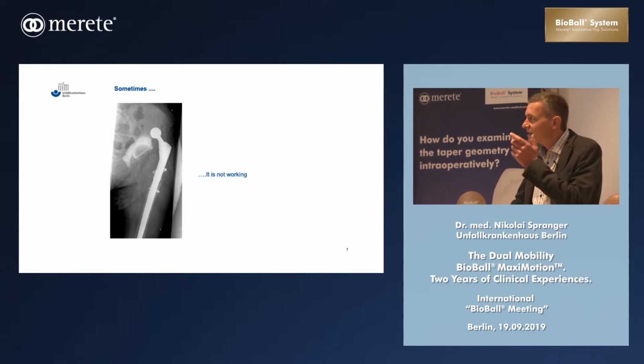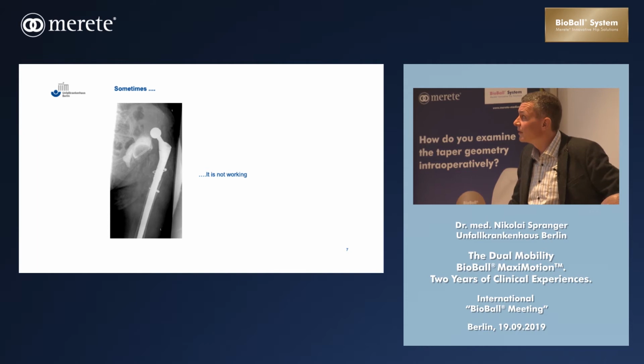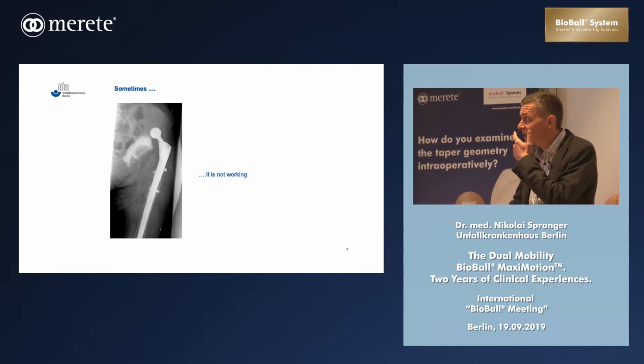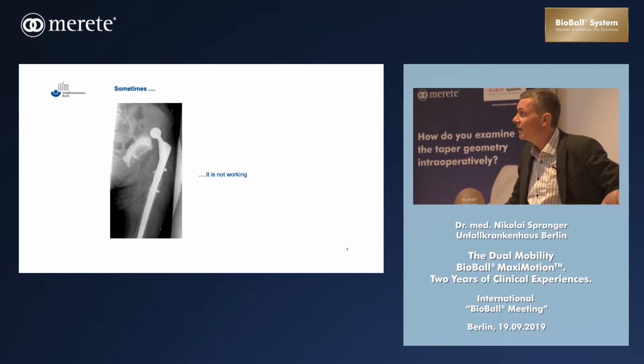So sometimes it's just not working, and sometimes you see these cases where you have no muscle anymore for the pelvic trochanteric stability. You have a lot of cement in the hip, you have a revision stem, you have poor bone quality, and you have a very ill patient.